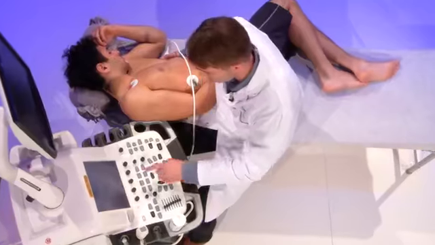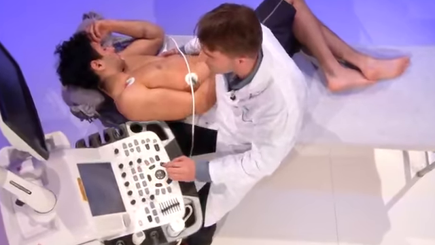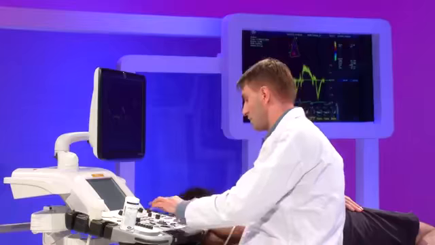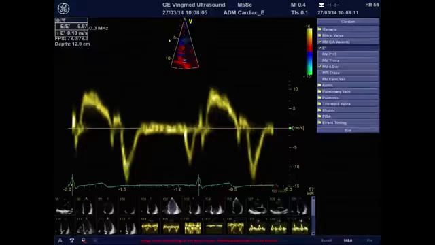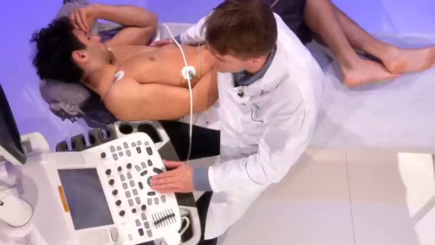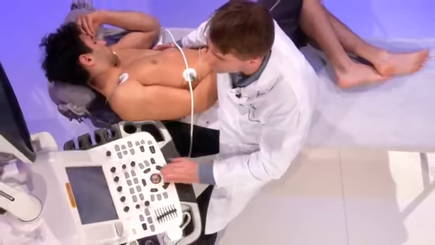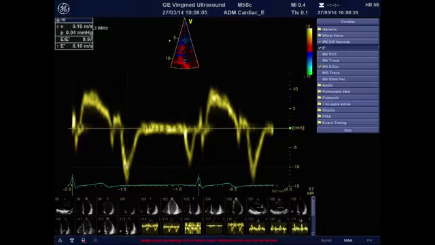If you look at pulsed wave velocities, if you want to measure your E/E prime, you can do it as well from the small sector angle. And it's important here that you put your sample that you measure in the dense part of the signal, not at the outer parts. So use the dense part of your signal if you want to look for E/E prime. In this case, E/E prime is 9.9.